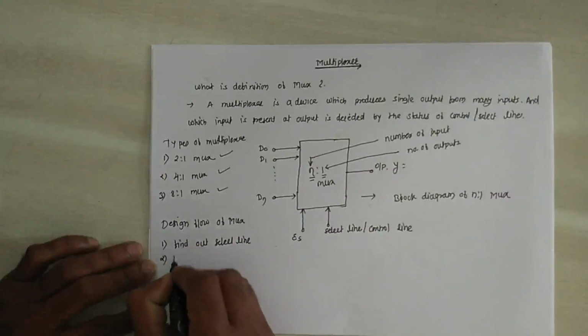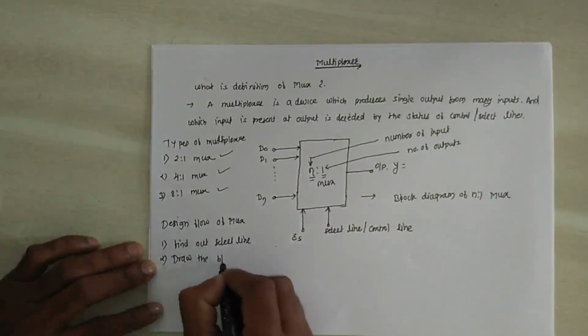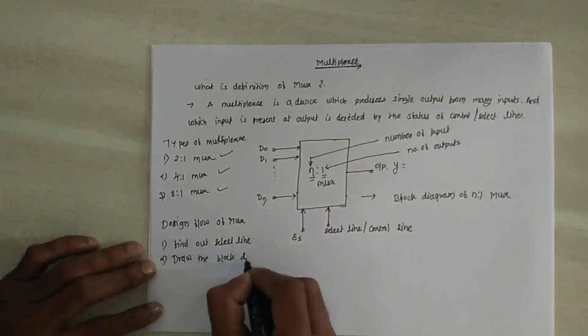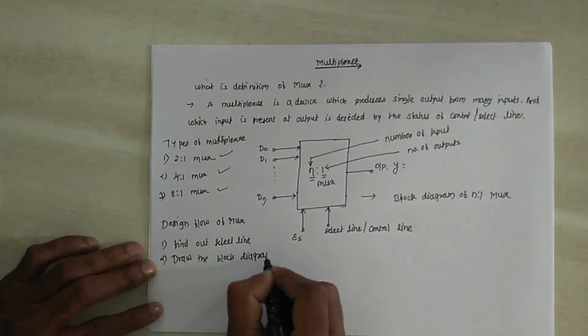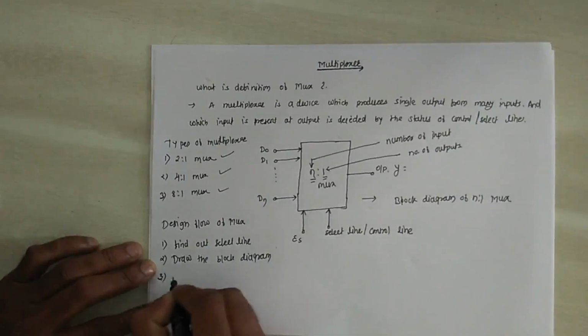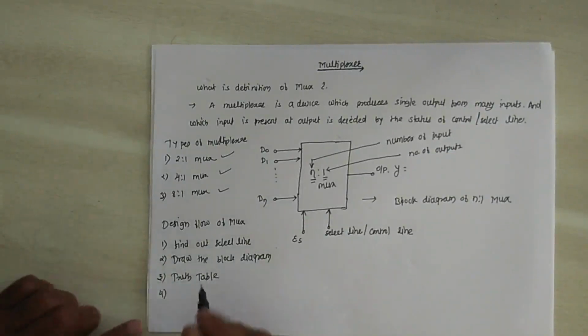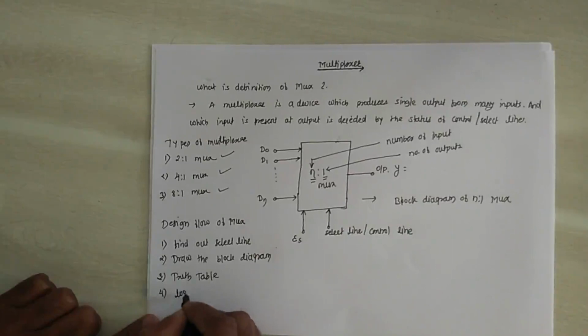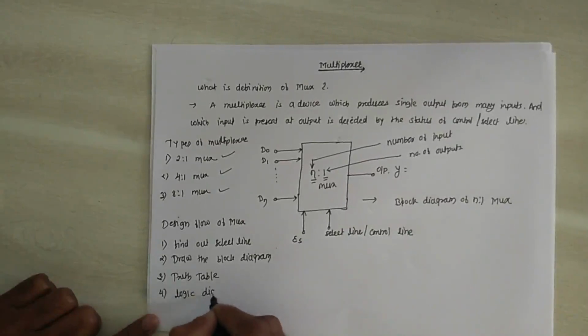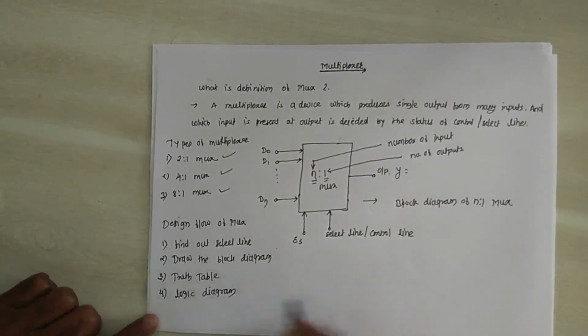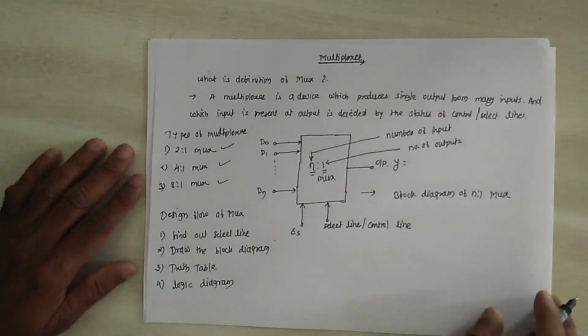Second, draw the block diagram. Third, draw the truth table, and fourth, draw the logic diagram. We'll see them one by one.